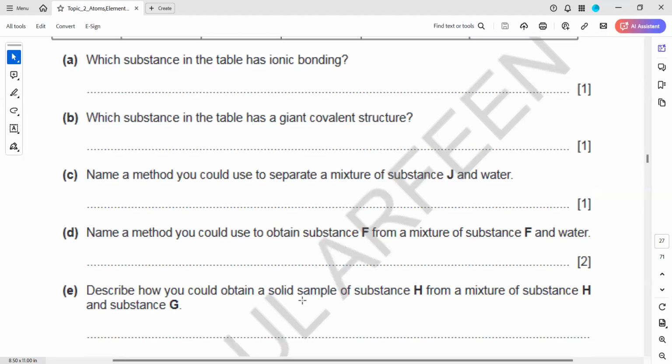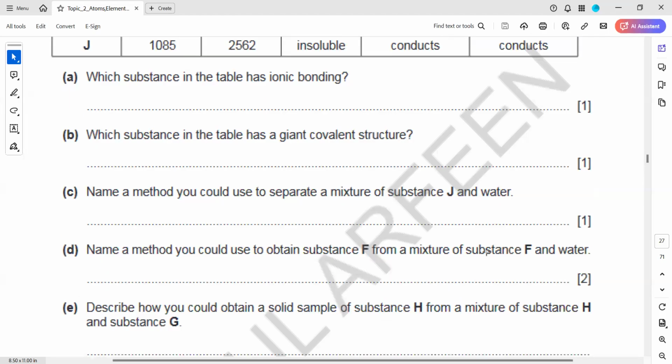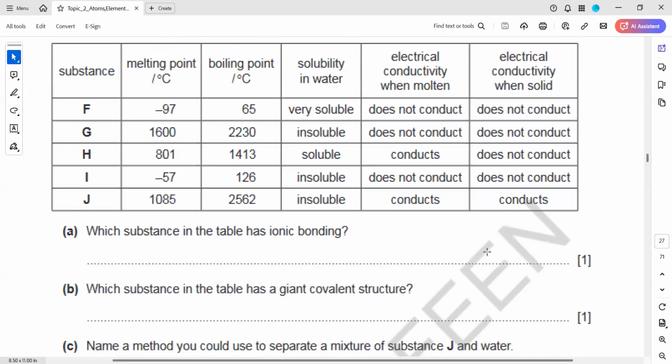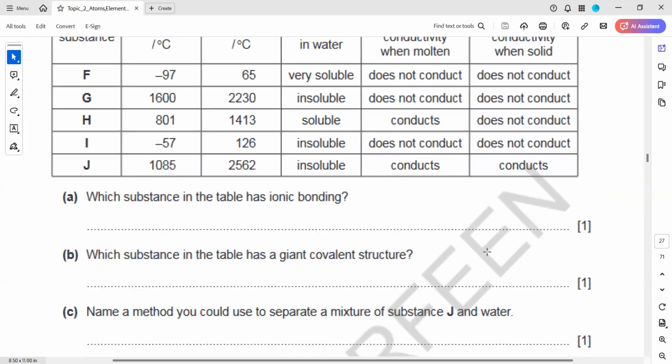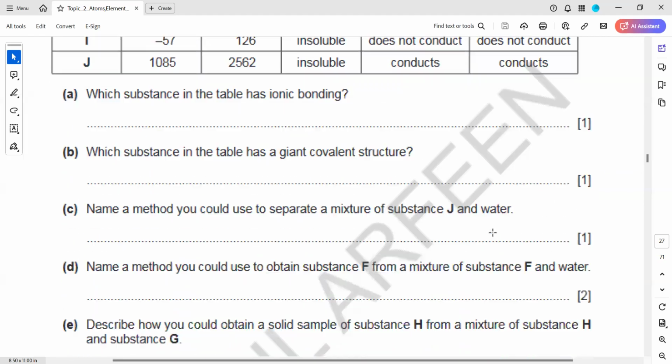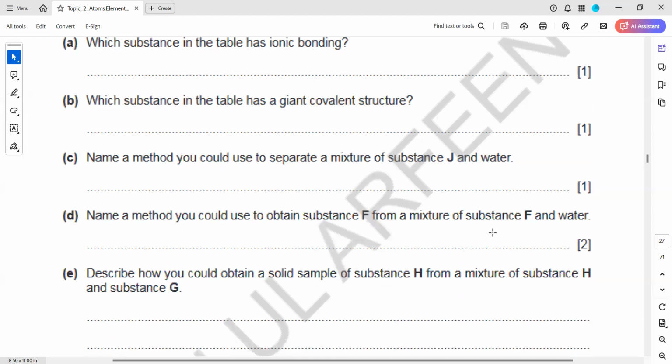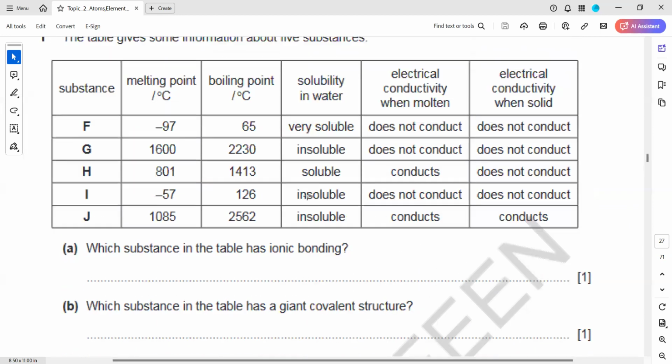Name the method you could use to obtain F from a mixture of F and water. F is soluble. So if it is soluble, distillation or crystallization. So what is this, fractional distillation? Fractional distillation, because when two liquids are mixed with each other, F is liquid at room temperature. That's why we call it fractional distillation.